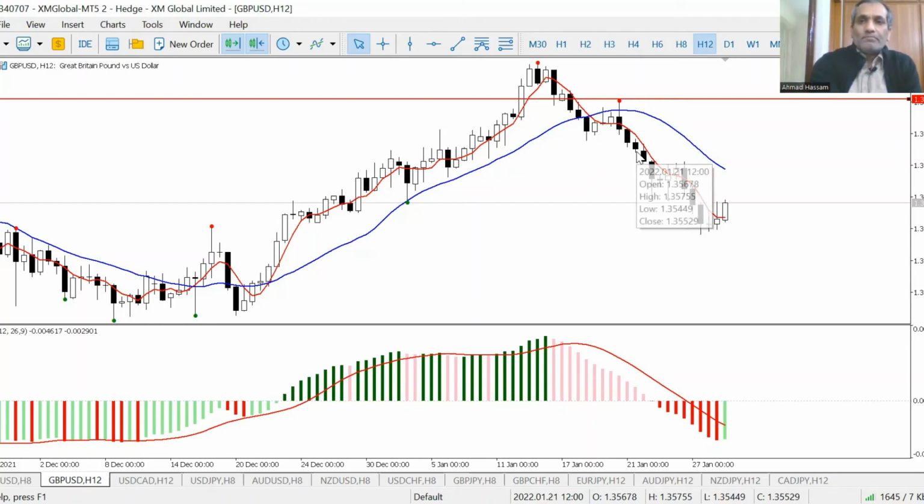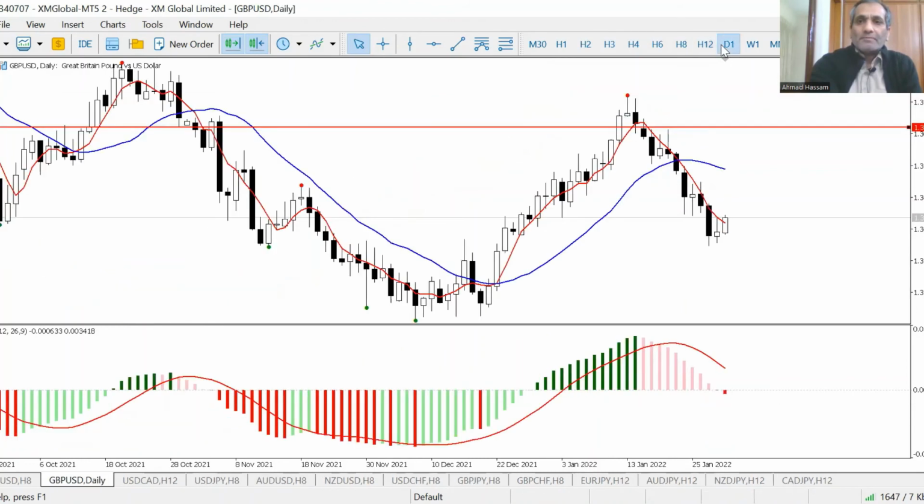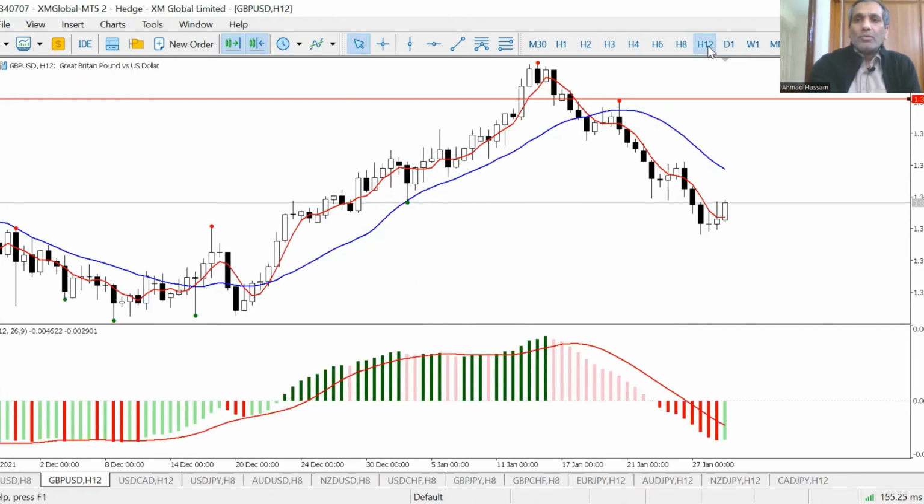MACD gives you just the direction. Keep this in mind. It's very important for you to understand. MACD only gives you the direction. For entry and exit, you use the concept of support and resistance.